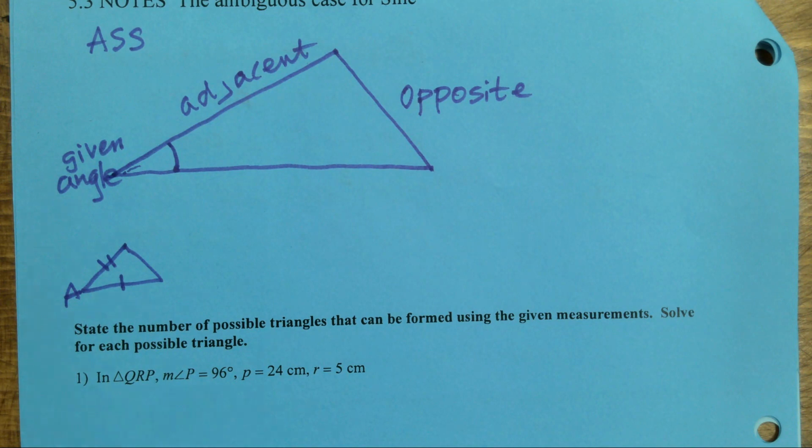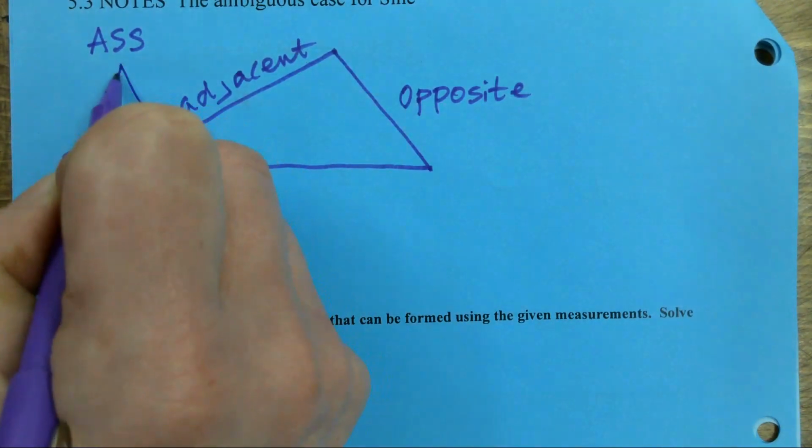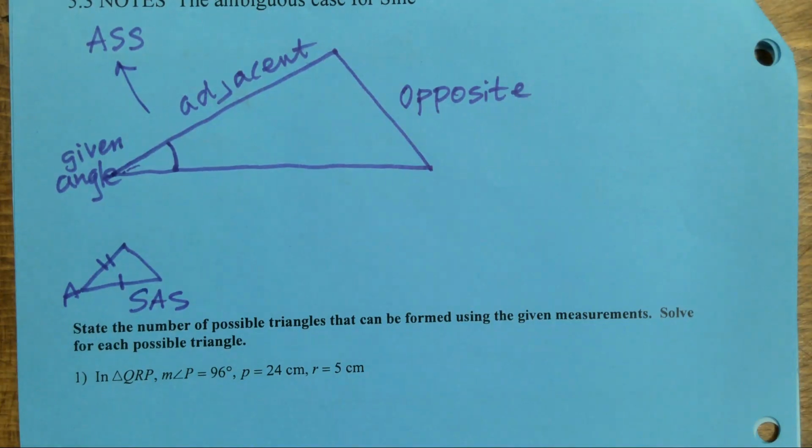This is a side angle side scenario. This is this scenario. And it has to do with the location of the angle with respect to the sides that are given. And again, this one is exactly as it says, because this information doesn't necessarily give us a unique triangle.